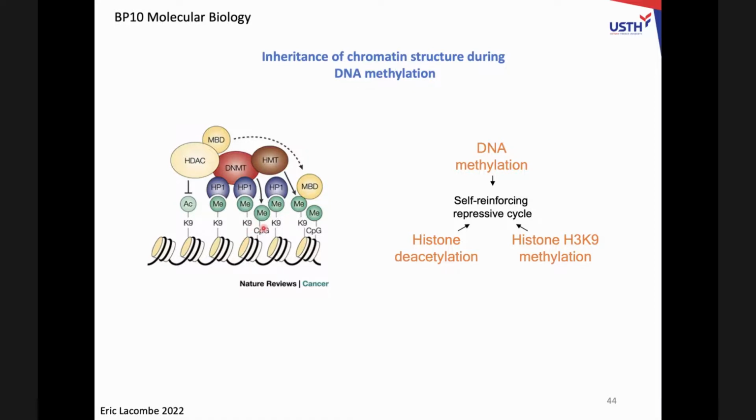And the concept is that if you have methylated H3 on lysine 9, there is interaction with HP1, and interaction between two different HP1 gives rise to compaction, but HP1 also interacts with this red enzyme, which is a methyltransferase of DNA.